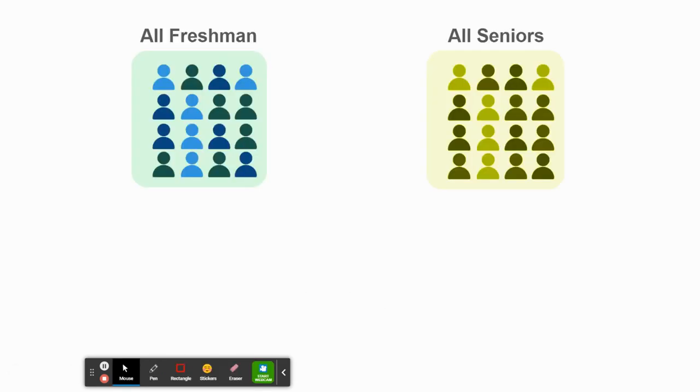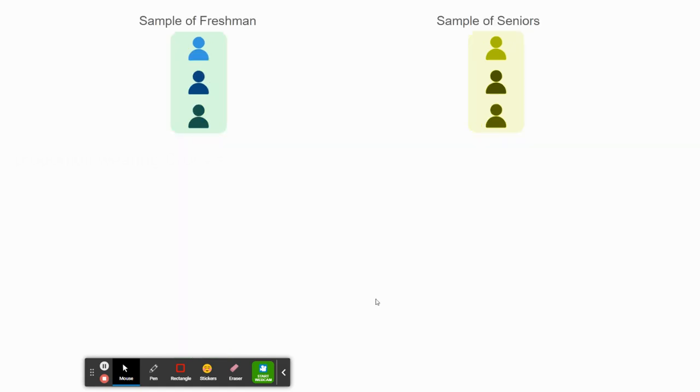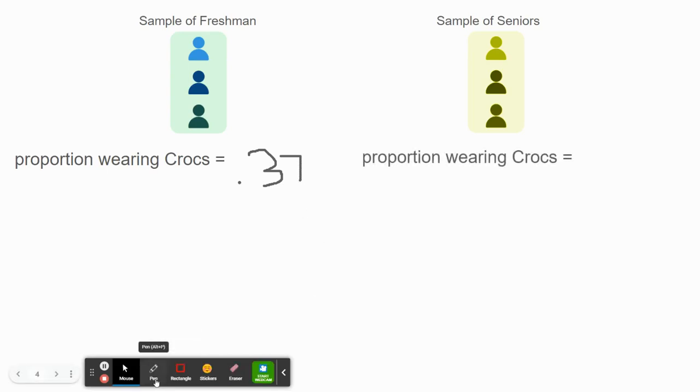Then I repeat again. So I take a random sample of freshmen from my population of freshmen. I take a random sample of seniors from my population of seniors. From my sample of freshmen, I calculate the proportion wearing Crocs. Let's say this time it was 0.37. I calculate the proportion of students wearing Crocs among my sample of seniors. Let's say this time it was 0.71.